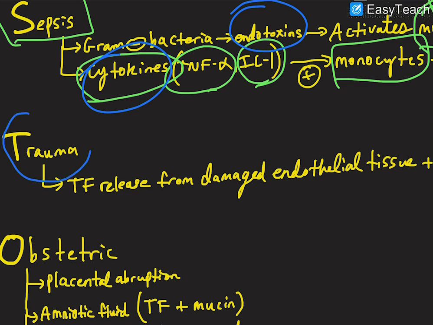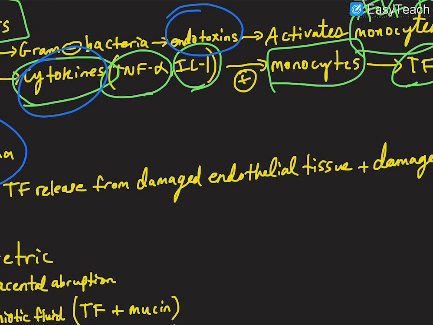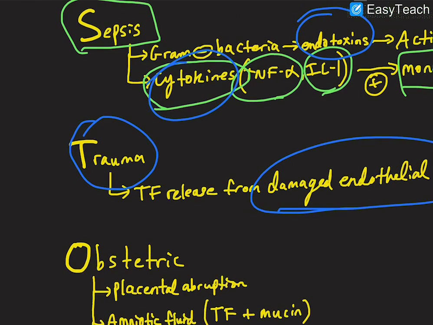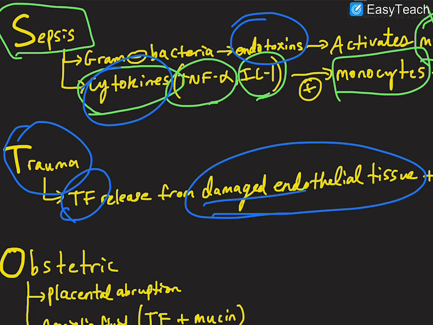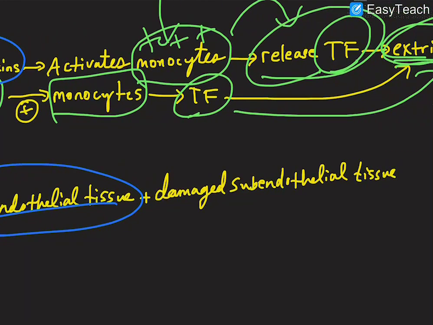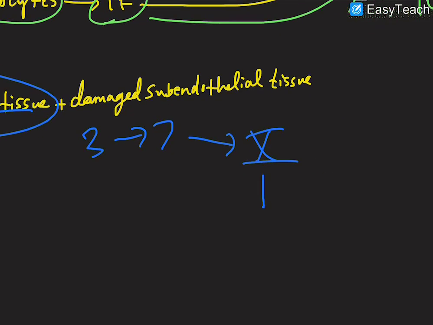Next, trauma. Okay, so remember the STOP making new thrombi mnemonic. So the T in STOP is for trauma. When you damage your endothelial tissue, remember they can release tissue factor. Again, that's factor 3. Tissue factor activates factor 7, and then both of them together converge to the common pathway and activate factor 10, and then eventually you make fibrin.